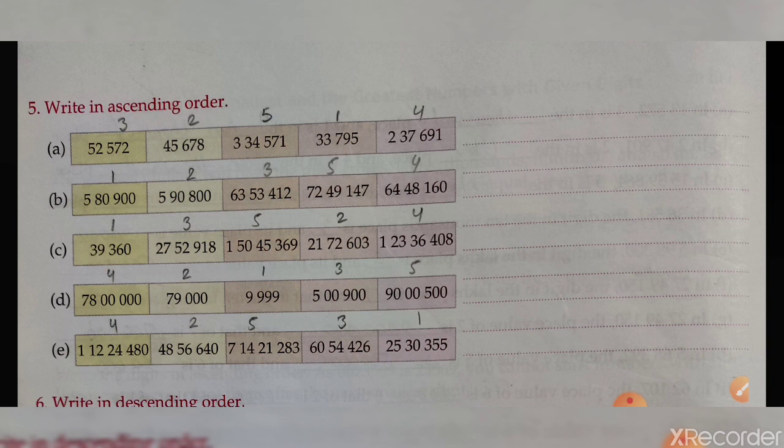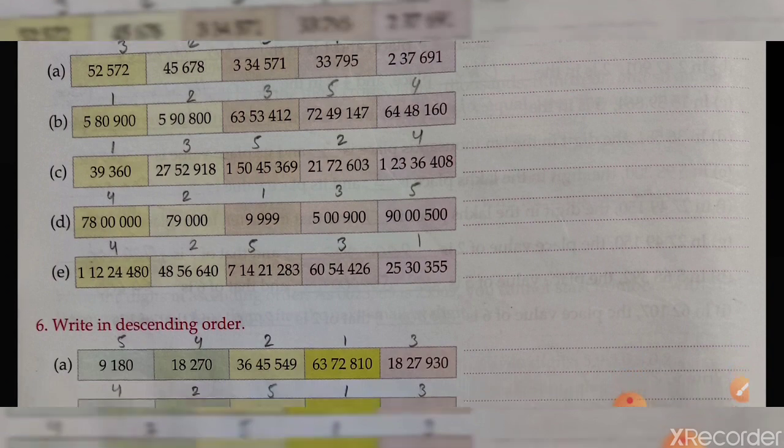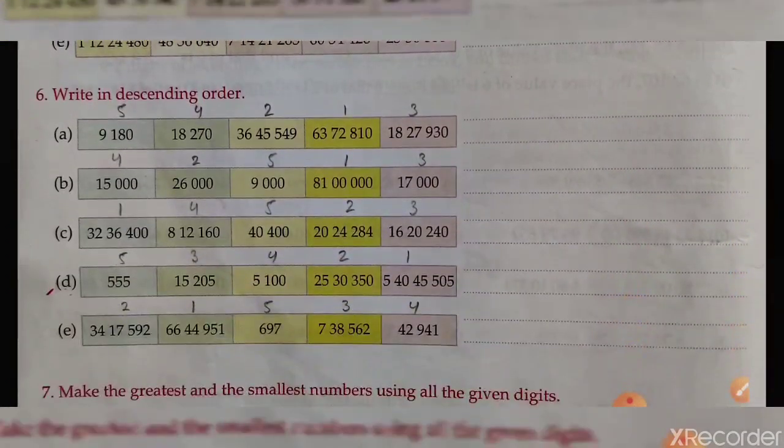So we'll write this number first, then 45,678, and then a number that is larger than 45,000 will be 52,572. The number which is greater than 52,572 will be 2,37,691, and at last the largest number is 3,34,571.